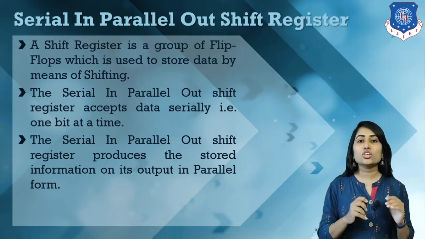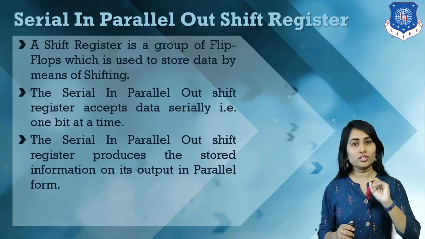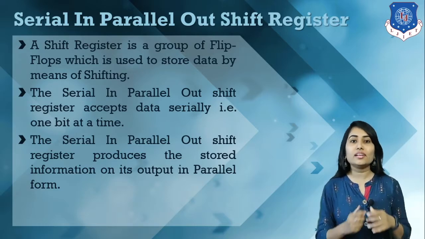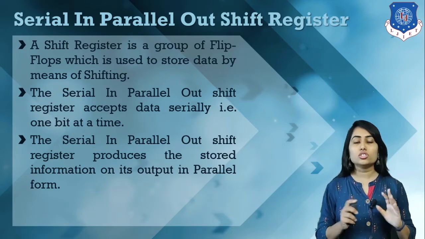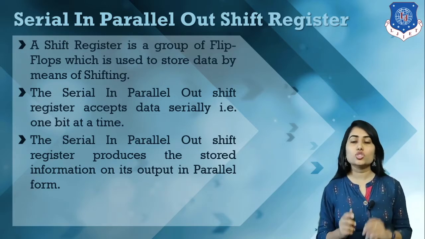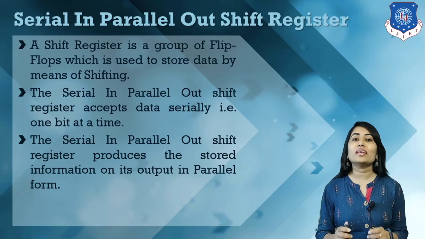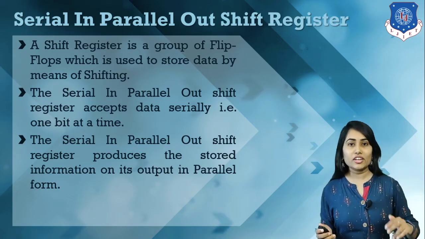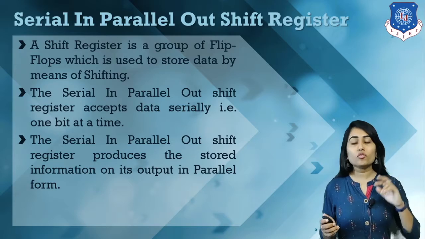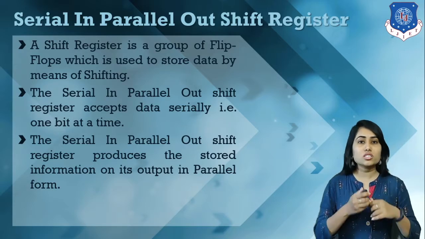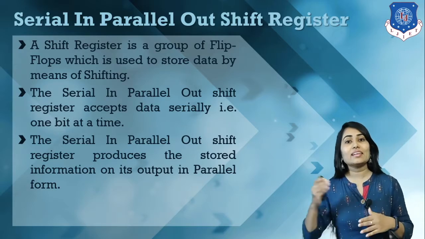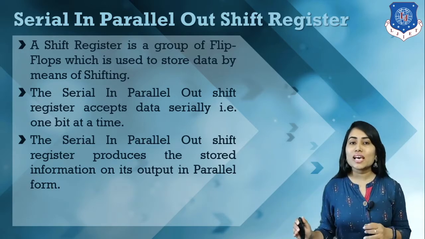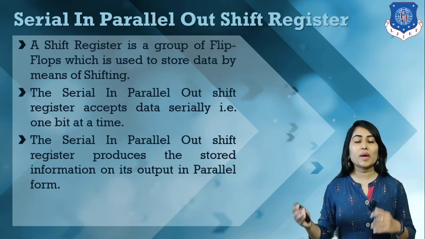That's why this is known as parallel out. So data can enter into the register one bit at a time, in a serial form, and data can get out with all bits present at the output side. So this is parallel out.